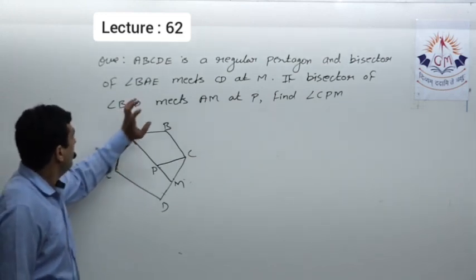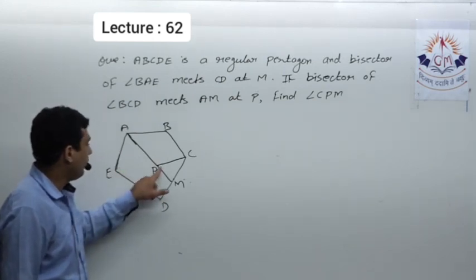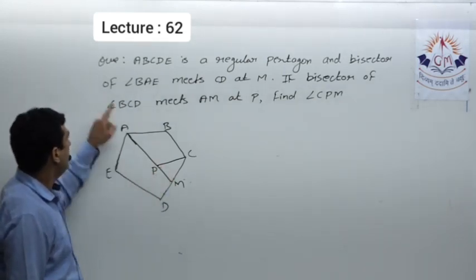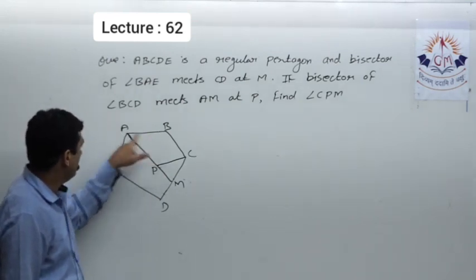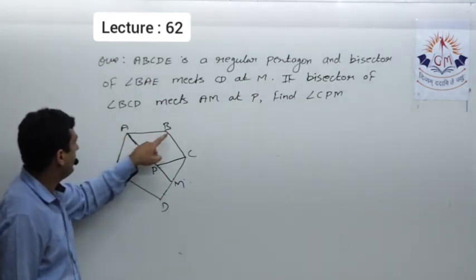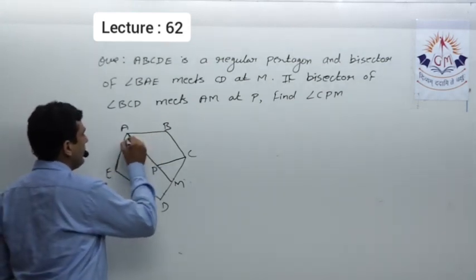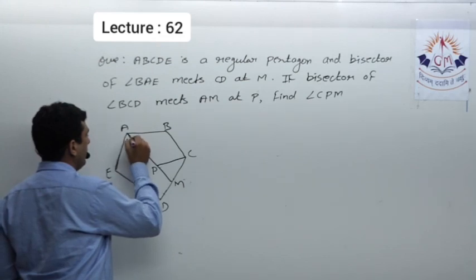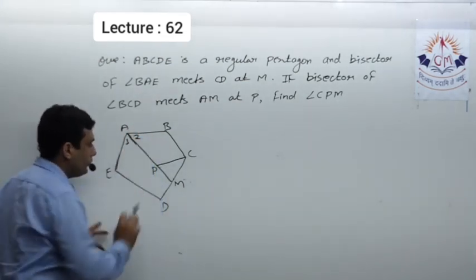Once again, understand the question. ABCDE is a regular pentagon, that means all its sides are equal. Two things are given: AM is the bisector of angle BAE, so these two angles are equal. Let this be angle 1 and this angle 2, so 1 equals 2.